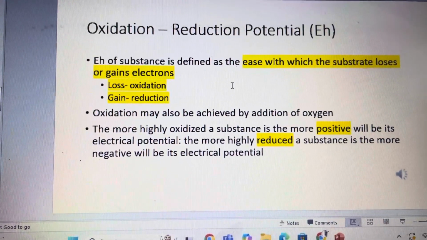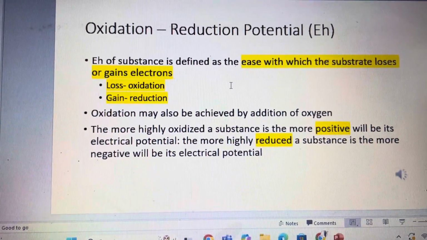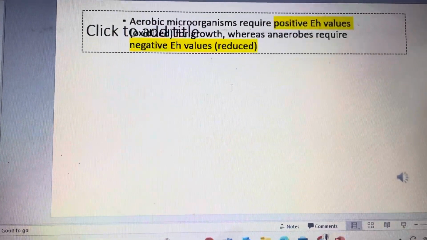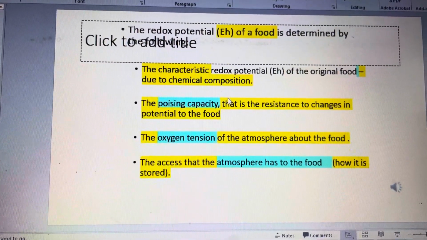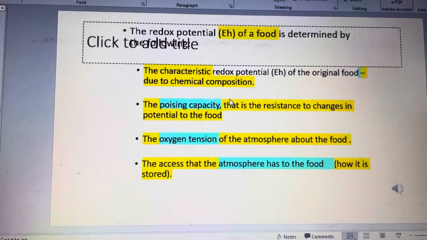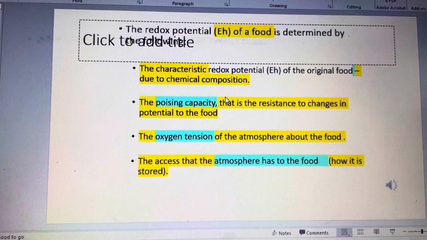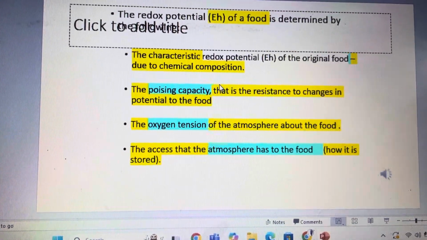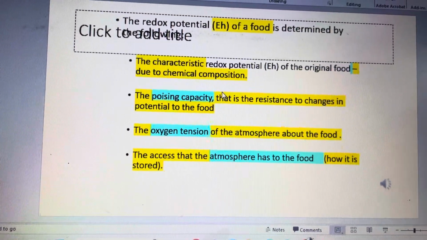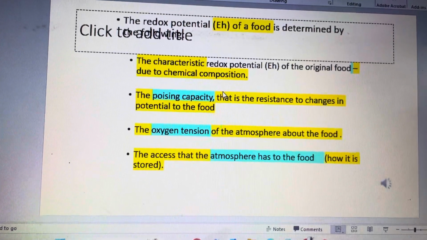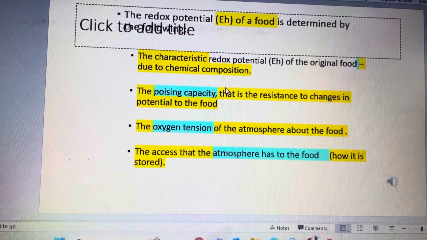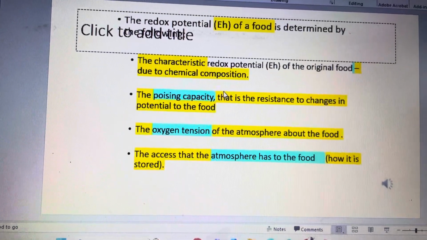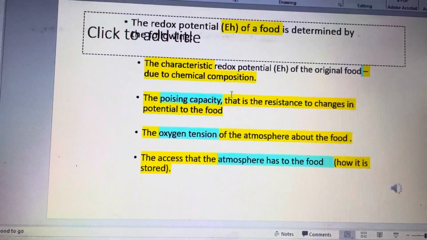When it is exposed to oxygen or the air environment, it has a positive Eh. The Eh of the food is determined by many things, like the chemical composition of the food, its poising capacity, oxygen tension, and the access that the atmosphere has to the food.